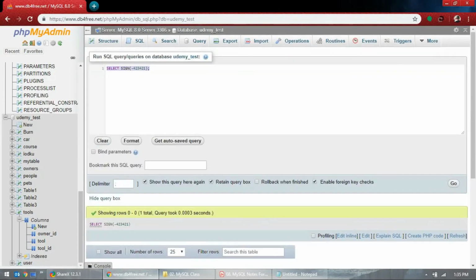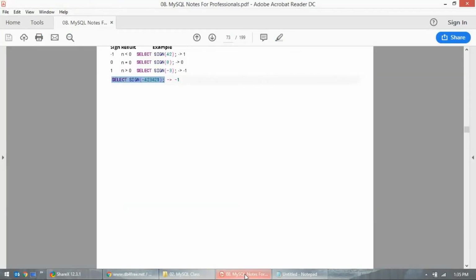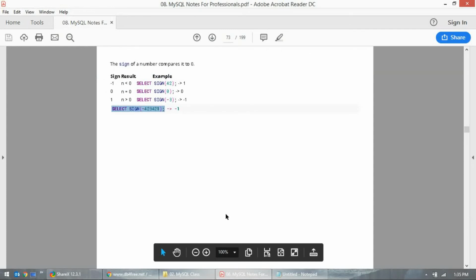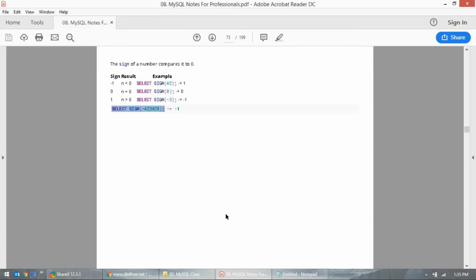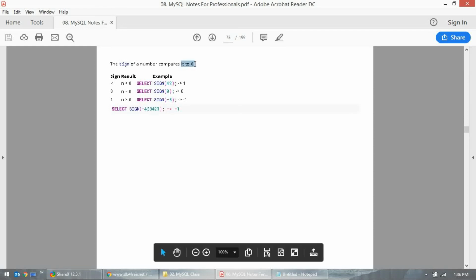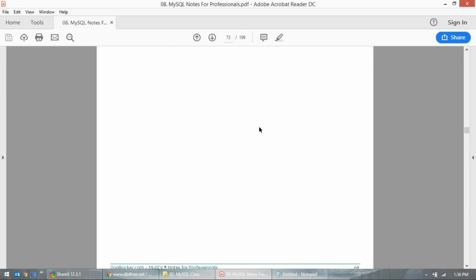And we get -1. Yeah, -1. So what does sign do? Sign of 42. These are the functions. The sign compares the number to 0. That's pretty much about arithmetic operations.